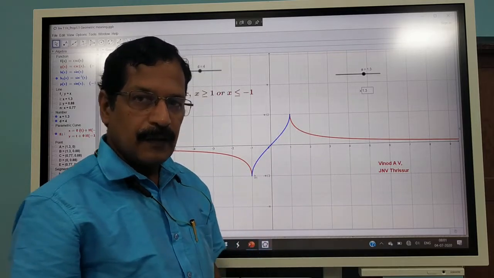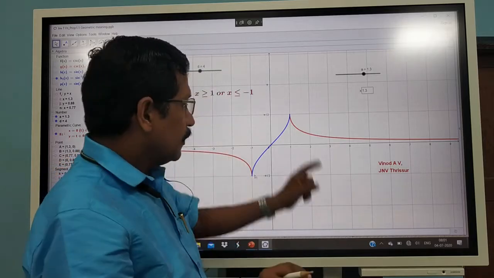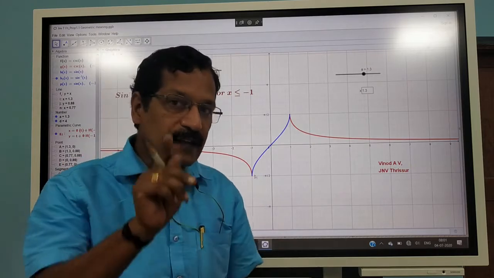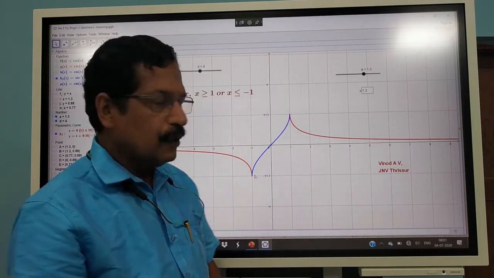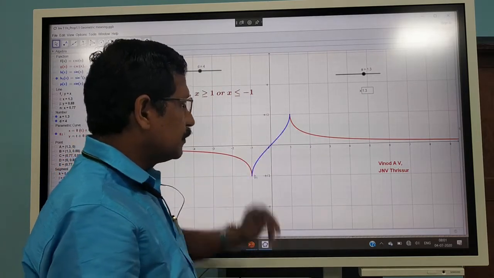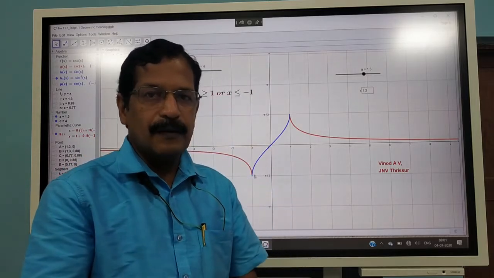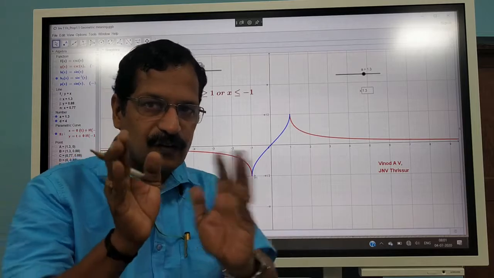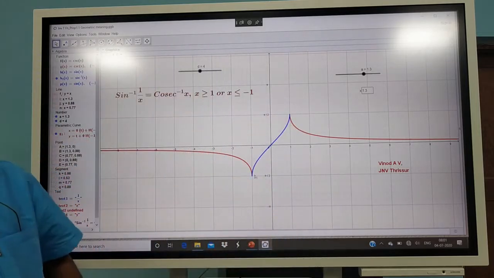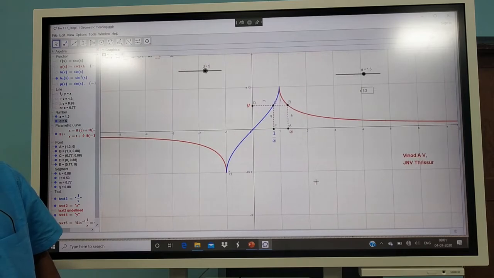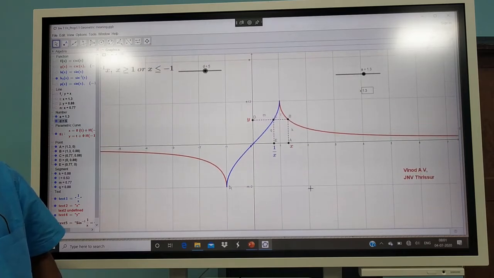Now the line will intersect the sine inverse x graph also. If you draw a perpendicular to the x-axis, you will get a point on the x-axis. Let us check what that relationship is.